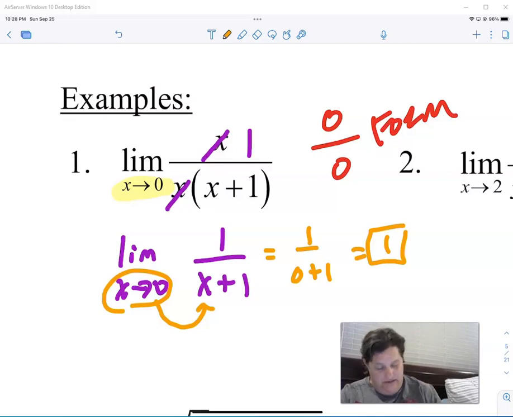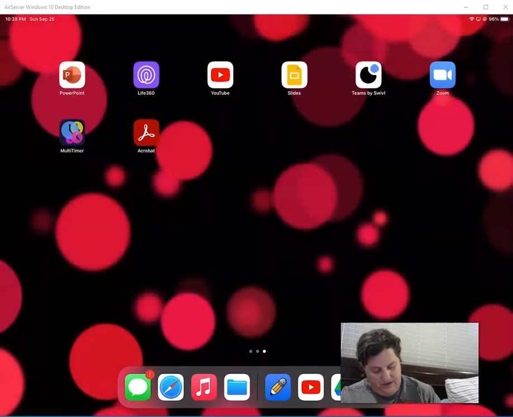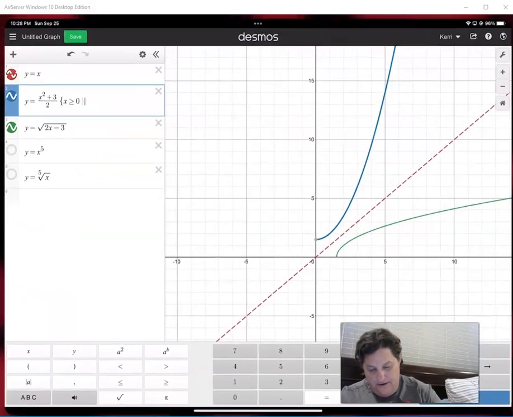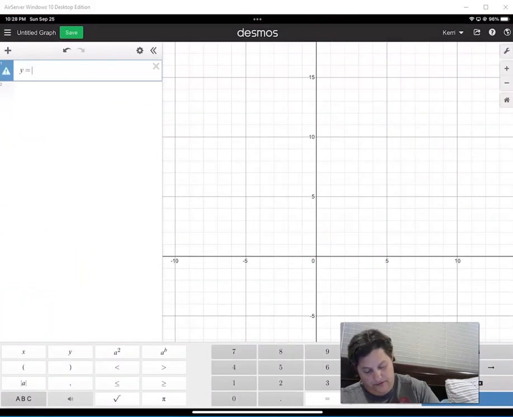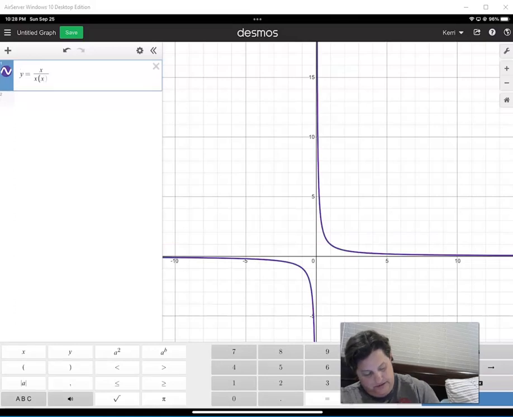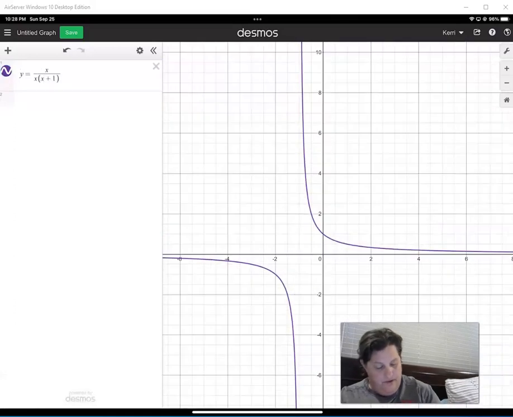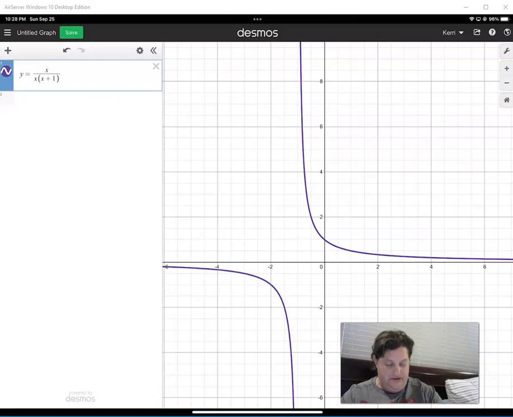But it's a limit. Now, I want you guys to look at this x over x. Let's see, y equals x over x. Now we are approaching 0. If I just try to plug in 0, you guys see right there, there's an open circle.